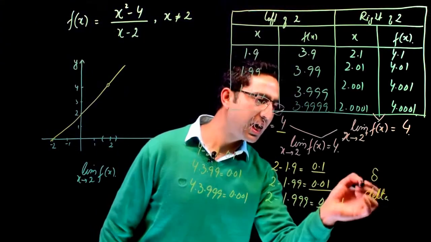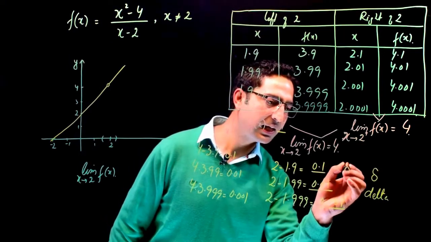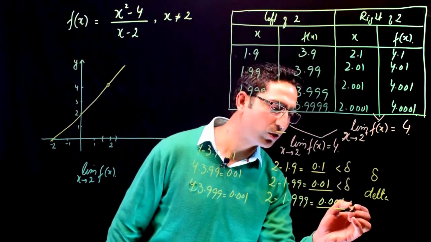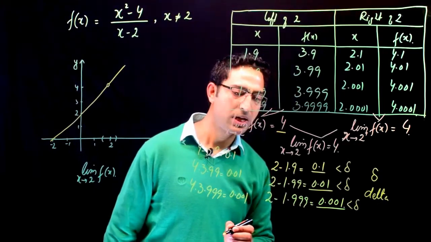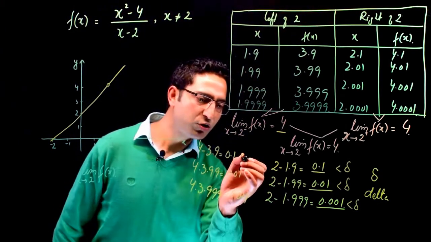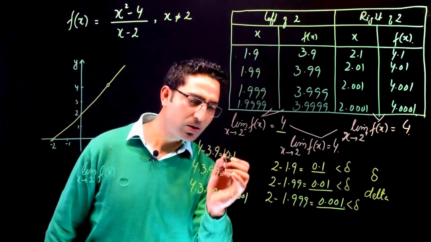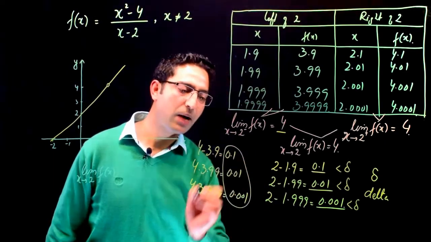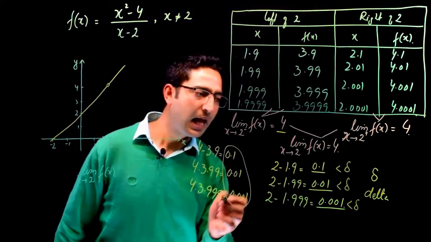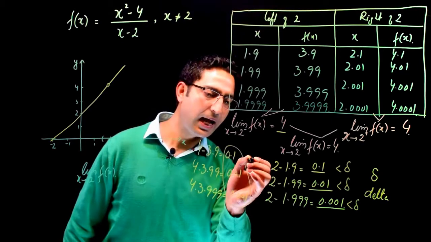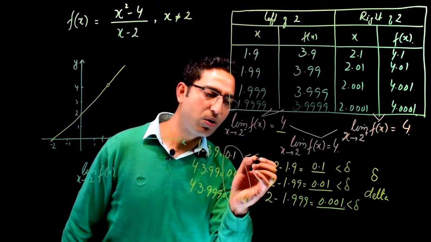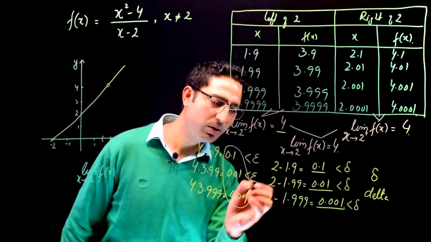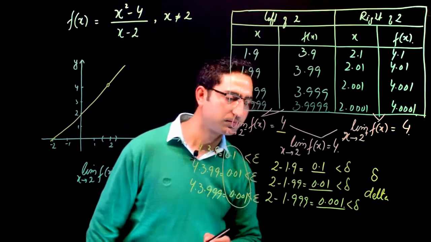So I will choose delta such that this is less than delta, this is also less than delta, this is also less than delta. And suppose that we take some positive small number such that all these differences are lesser than that number, then I can name it epsilon, and I can take this less than epsilon, and this less than epsilon, and this less than epsilon.